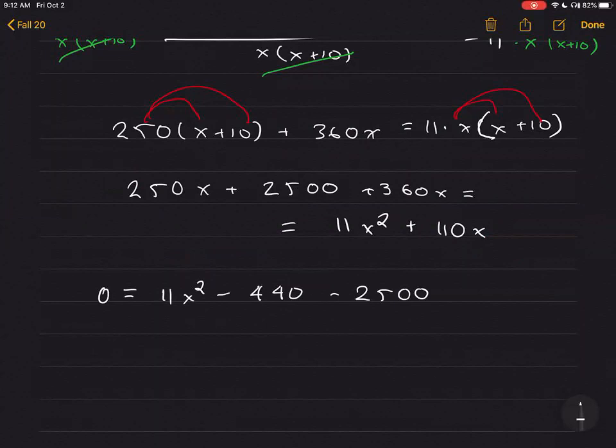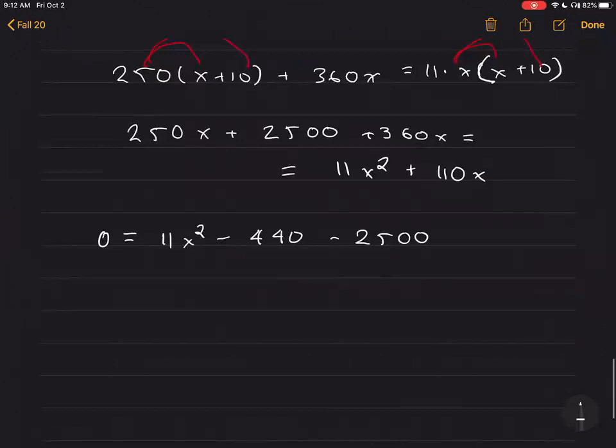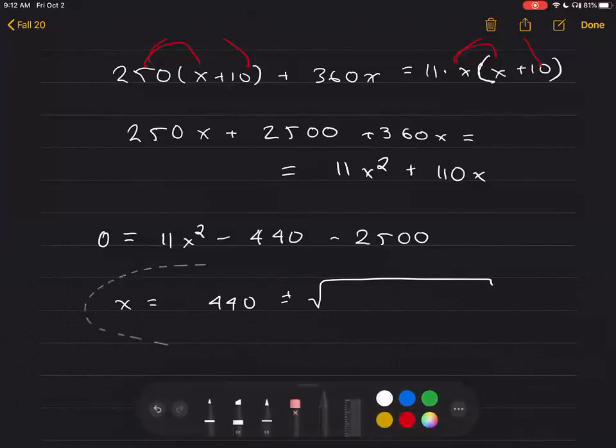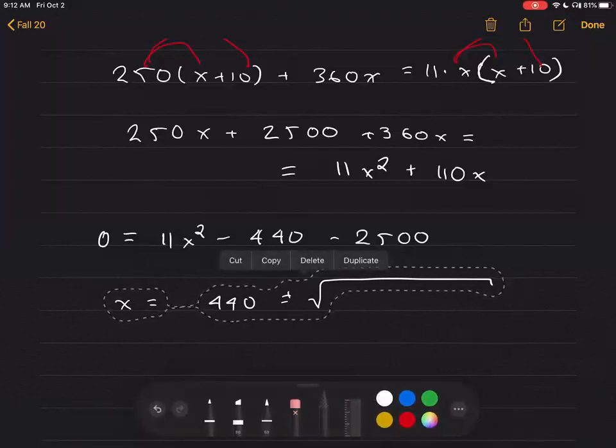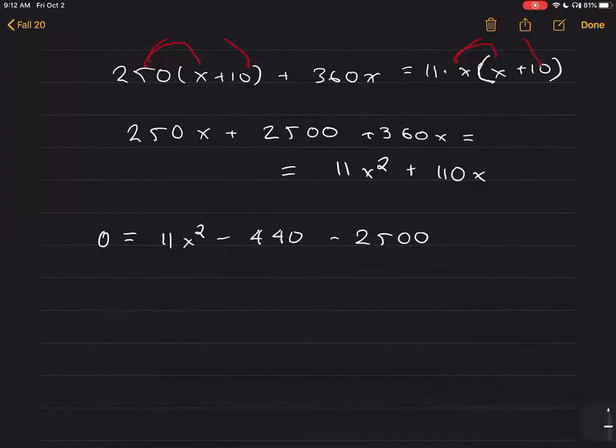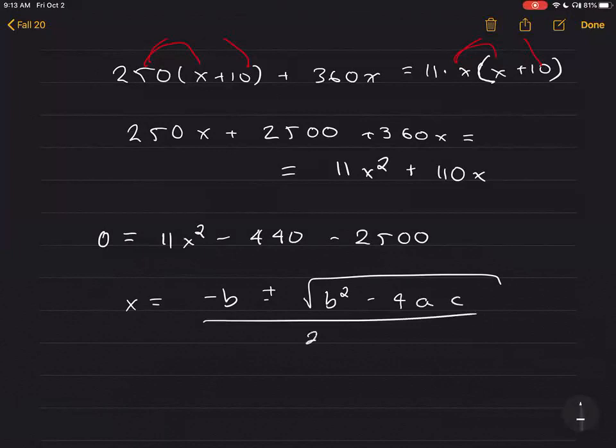I would not recommend trying to factor this one. I would plug it into the quadratic formula. Let's remember what the quadratic formula looks like before we start writing it down. The quadratic formula is x equals negative b plus or minus the square root of b squared minus 4ac, all over 2a.